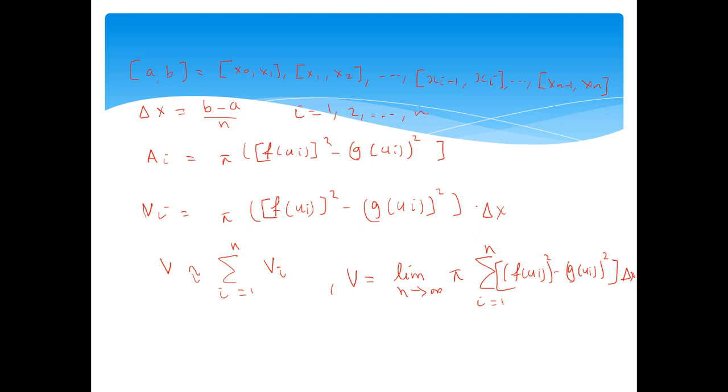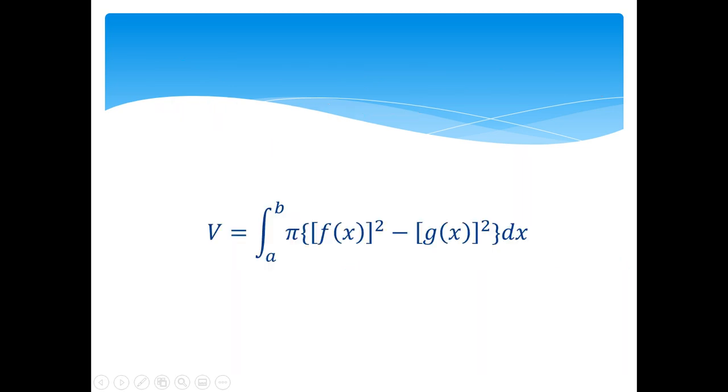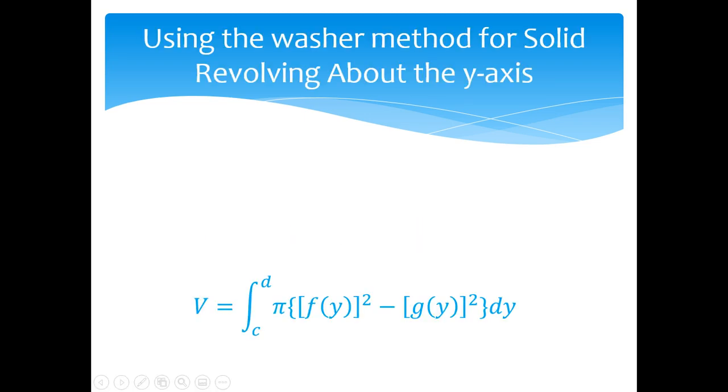When we take the limit of the Riemann sum, we get an integral. So this is the integral we're going to obtain. Using the Washer method to find the volume of a solid revolving about the y-axis, we can always use this formula. We don't need to derive it again because it's similar to the previous derivation.